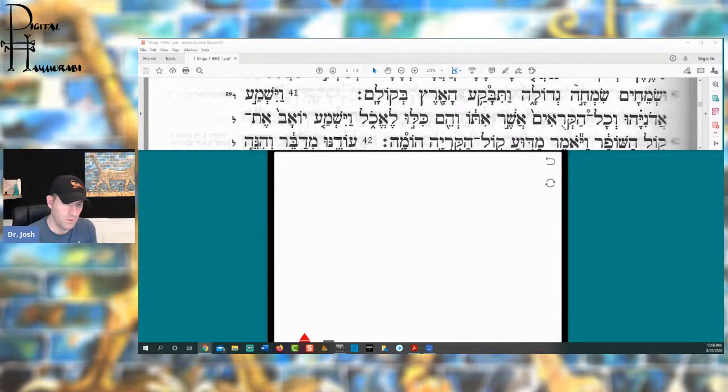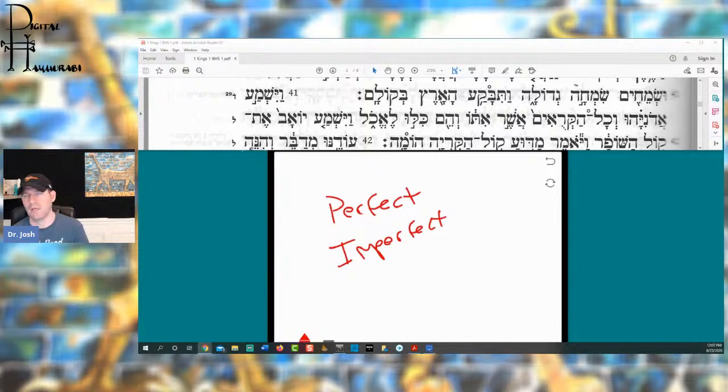But there are two aspects of the verb that you have in Hebrew, and not just in Hebrew, but in other languages: you have the perfective or the perfect and the imperfect. Okay, so what does that mean?